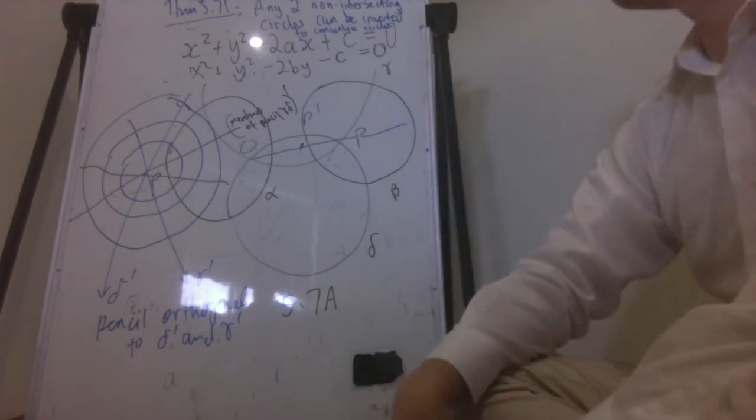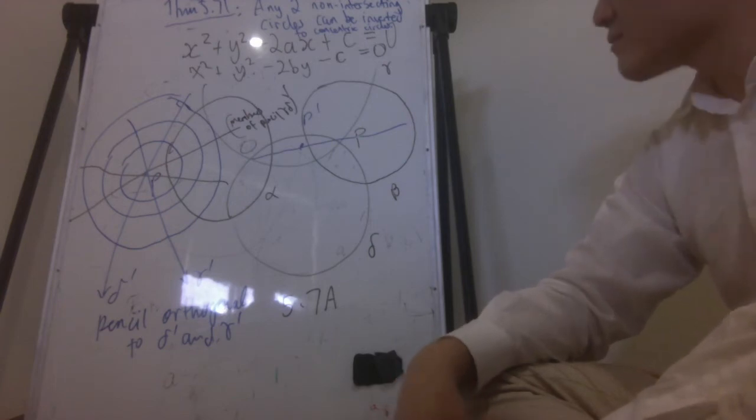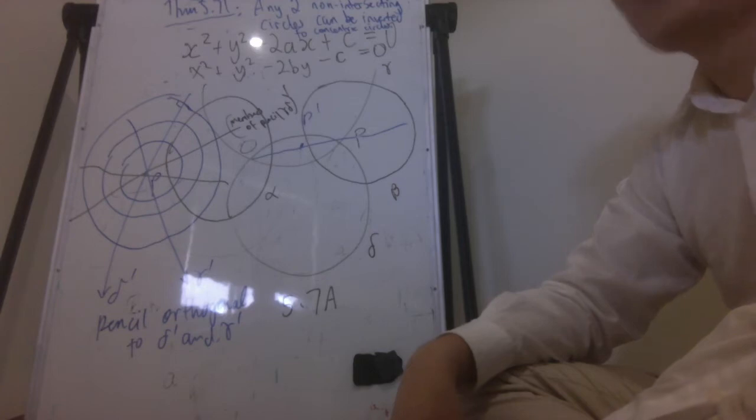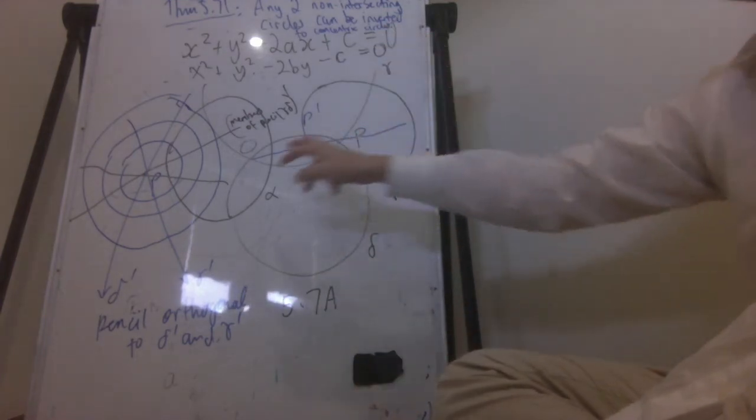So the non-intersecting circles would be alpha and beta, yeah?